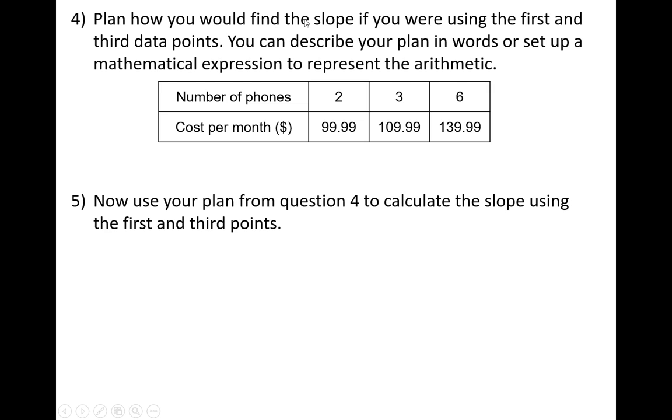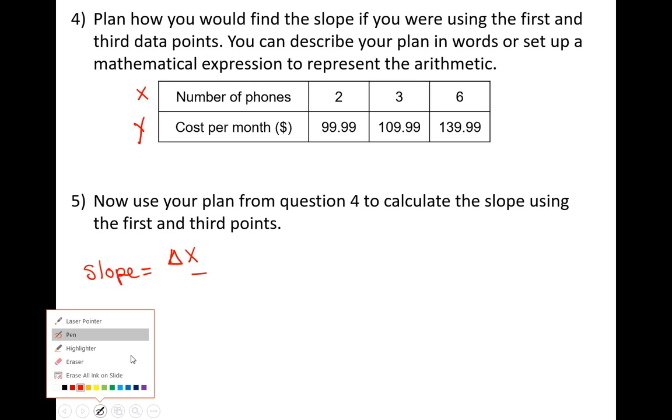It says plan how you would find the slope if you were using the first and third data points. You can describe your plan in words or set up a mathematical expression. Okay, remember this is X, this is Y. To get slope, we want to do a change in X. I'm sorry, I said that exactly backwards. Let's not make that mistake.